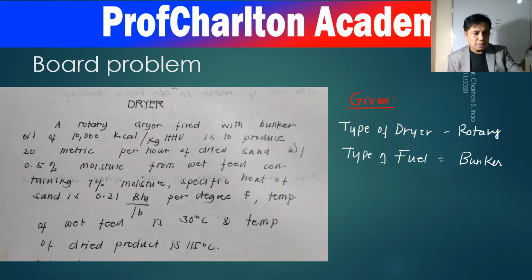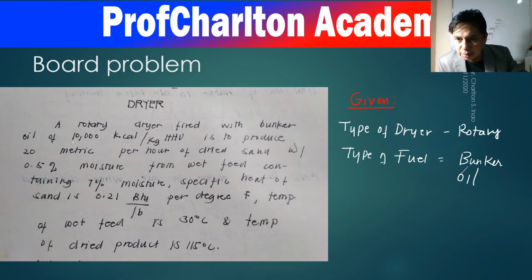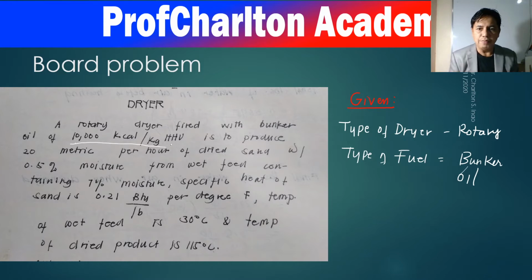So what else do we have here? We have of course bunker oil. This is an oil, and then here is to produce 20 metric tons per hour, but here is the heat. The heat of oil.